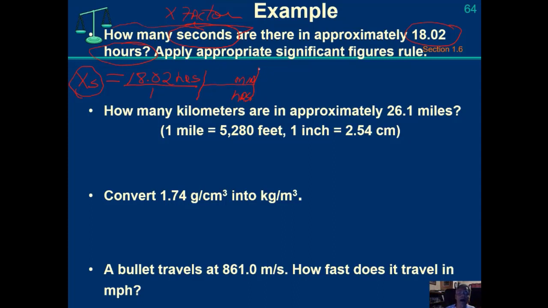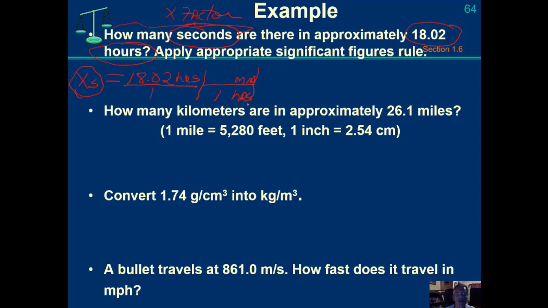Now, we're going to go back to our conversion factor rule and ask ourselves which one of these is the larger unit. If you remember, we did that with the metric system, and the larger unit here is hours. So in this particular case, we're going to give hours the 1, and we're going to give minutes the larger number because it's the smaller unit.